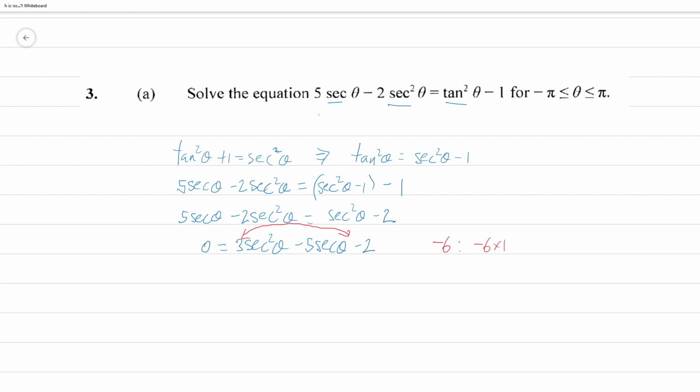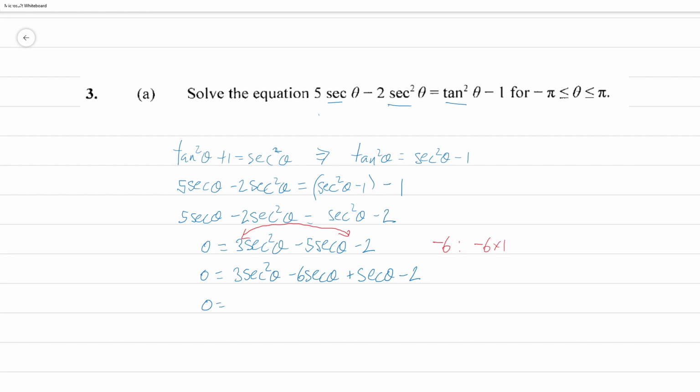In factorizing, I could say 0 is equal to 3 sec squared theta minus 6 sec theta plus sec theta minus 2.